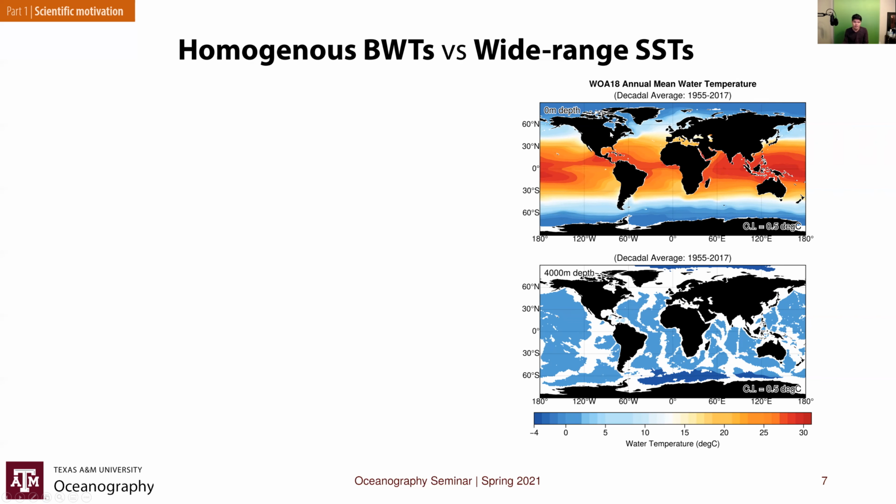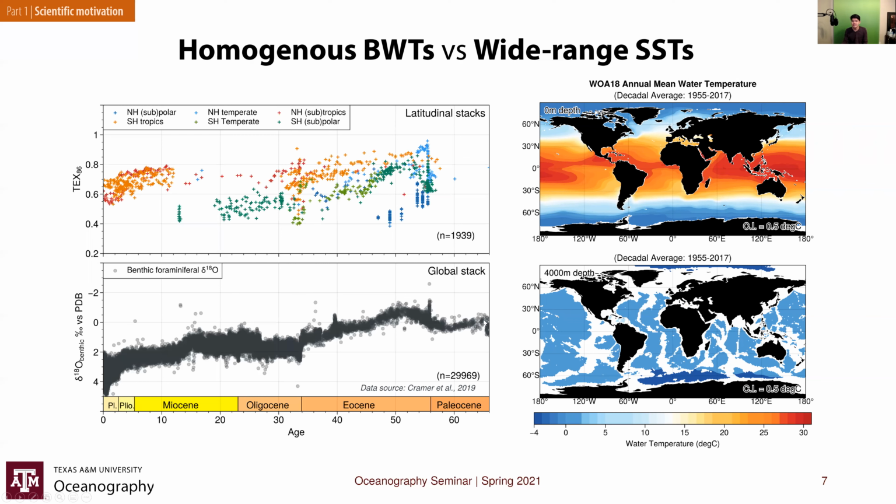So we still miss a lot of these low latitude changes across the last 66 million years. That's why we still need a sea surface temperature record for the Cenozoic, because the Zachos curve doesn't really inform us about how the low latitudes changed.